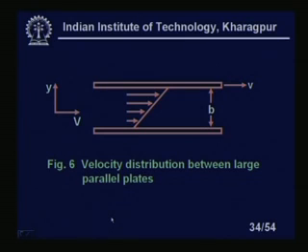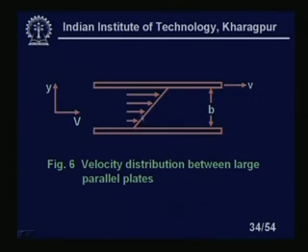Now, velocity distribution between large parallel plates: we are showing what the velocity distribution is. Suppose these two parallel plates are stationary. Now, suddenly suppose this plate starts to move in this direction. Then what will happen? The liquid in contact with the moving plate will move faster, and the liquid in contact with the stationary plate will have no velocity.